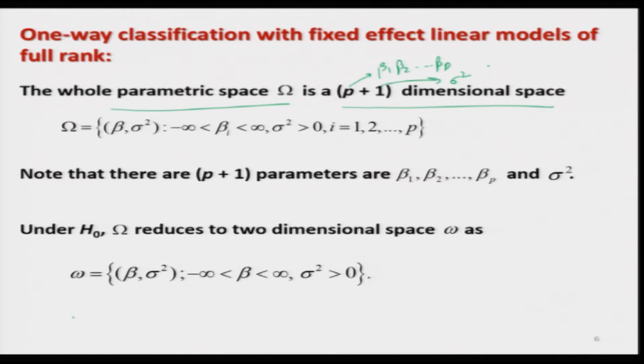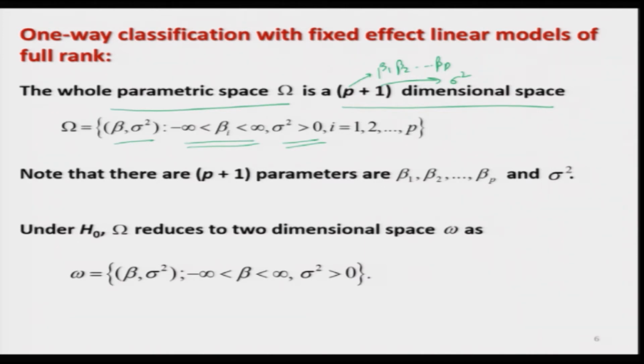So, this omega is going to be the collection of the points on beta and sigma square, such that all the values of beta are going to lie between minus infinity and plus infinity, right, and sigma square is lying between 0 and infinity.